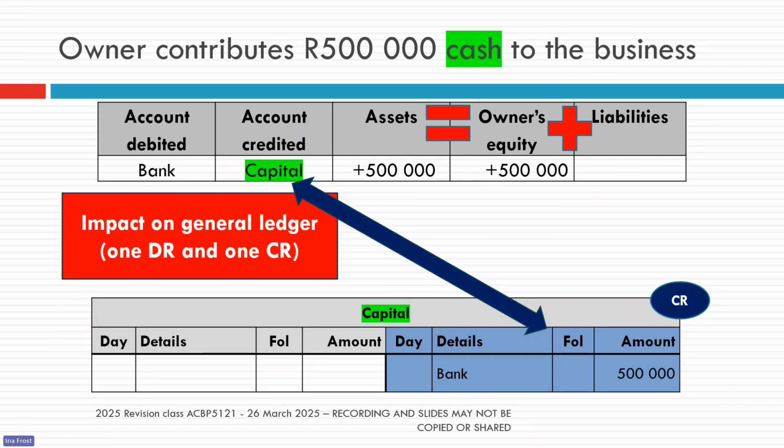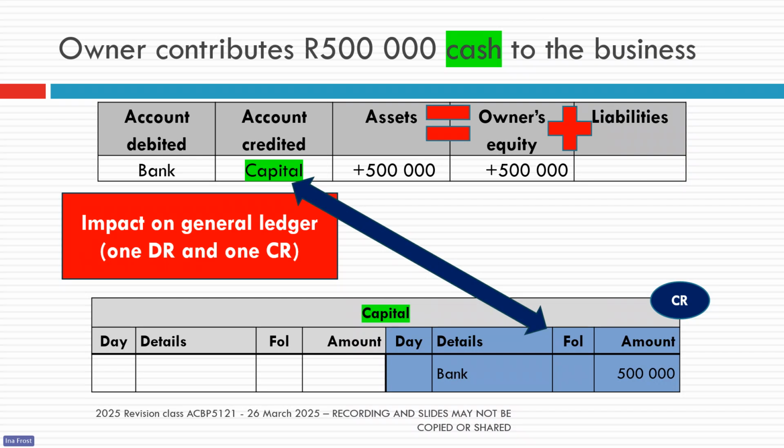Okay, so now we're going to talk about the impact of this specific transaction on the general ledger. And remember, we said, yes, we must have at least two entries, but there can't be any two entries. One of them must be a debit and the other one must be a credit. So now we're going to make sure that for this transaction where the owner gave us the cash, we have a debit transaction and we have a credit transaction.